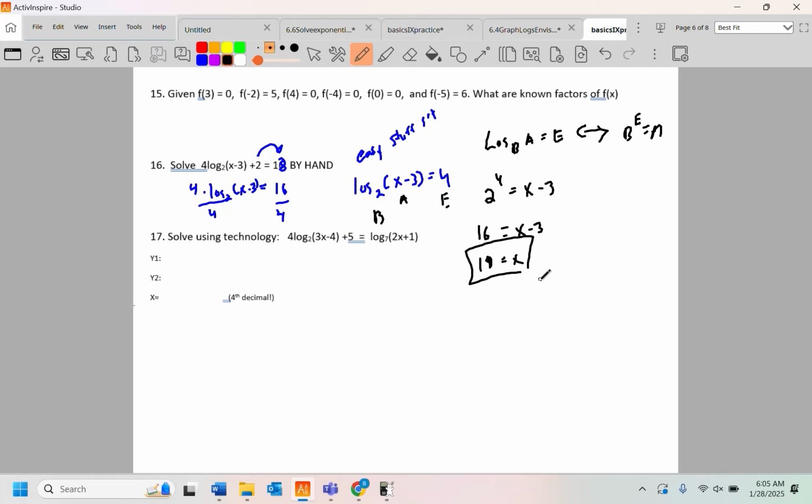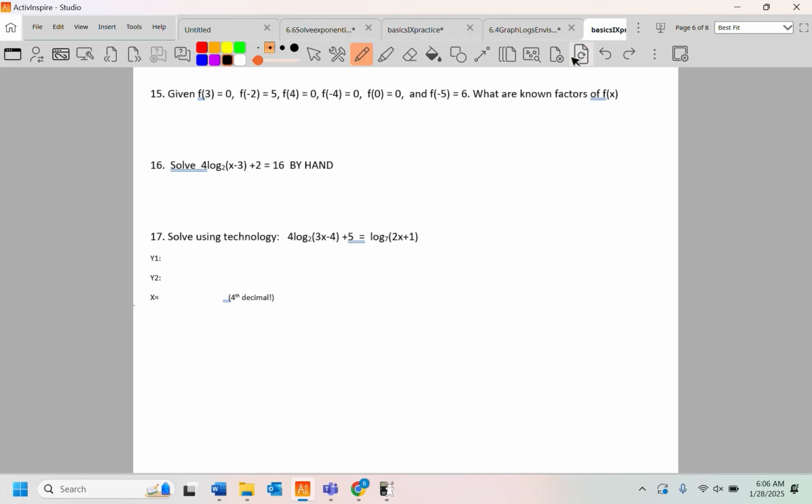17 is a solve using tech, because they're kind of hard to do by hand, to be quite honest with you. And the reason these are hard to do by hand is because the bases aren't the same. And they get kind of rough if the bases aren't the same. So anywho, you just have to know how to put things in a calculator. That's really all there is to it. So this is going to be my y1.